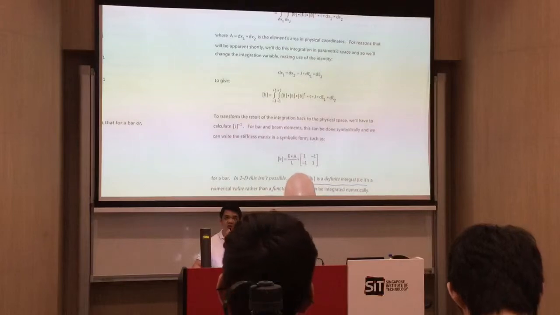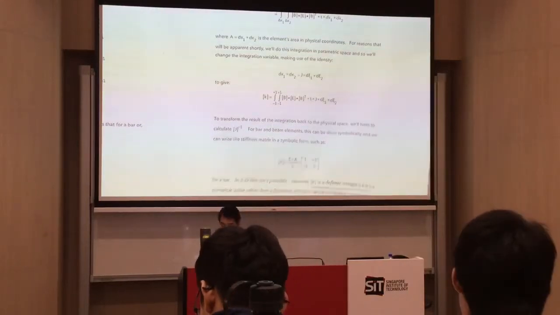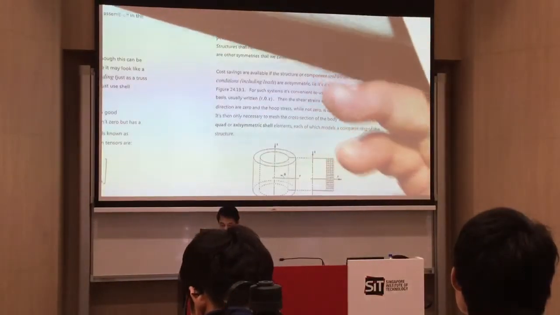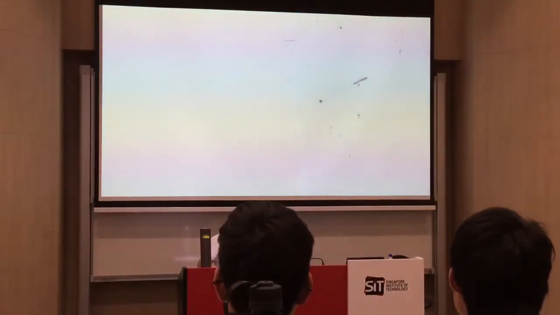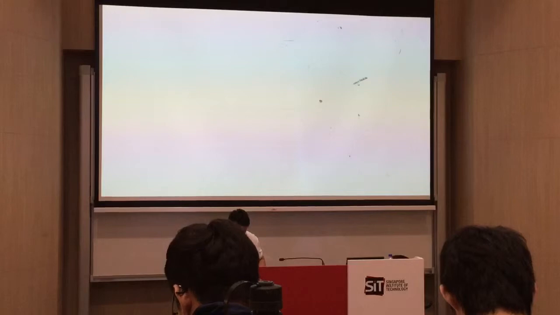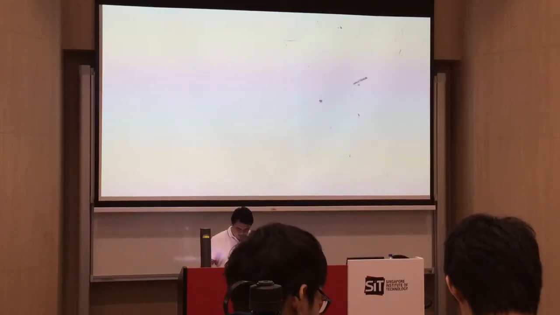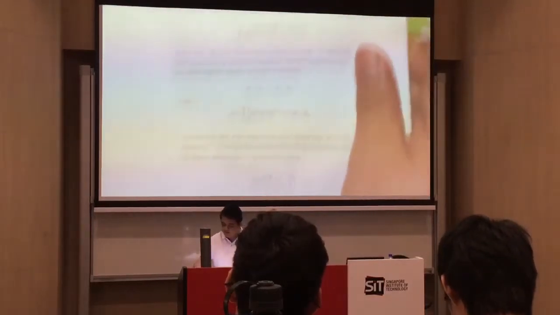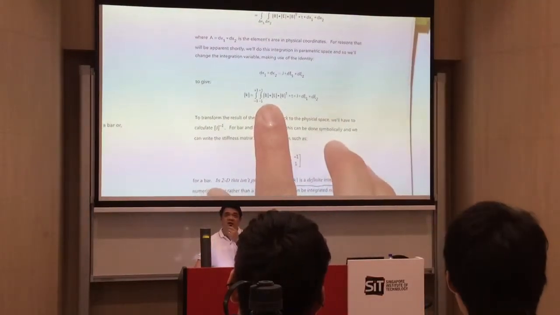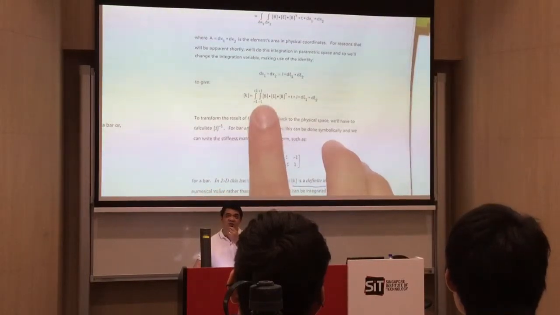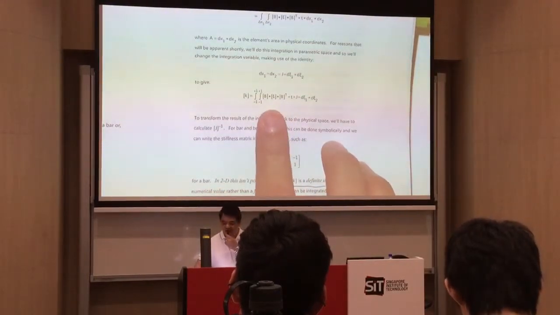So this is what we can get for a bar, but what we can get for a plate will be like this one. I think you cannot simplify this one anymore. This one is the simplified version.